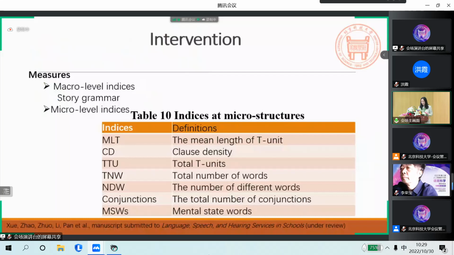In the intervention, we also measure two dimensions, micro and macro indices. The microstructure measures include story length, diversity of vocabulary at the lexical level, and mental state words.